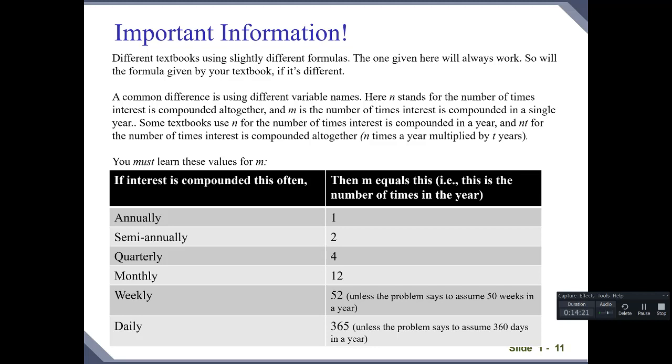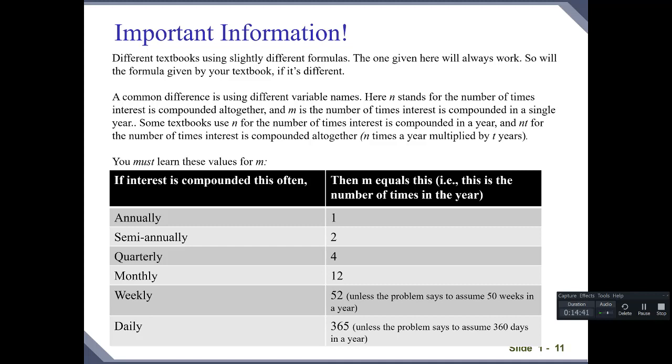One thing that you definitely need to know are these values. So your textbook eventually is going to introduce the variable m. And m, as in math in your textbook, stands for how often interest is compounded in a year.